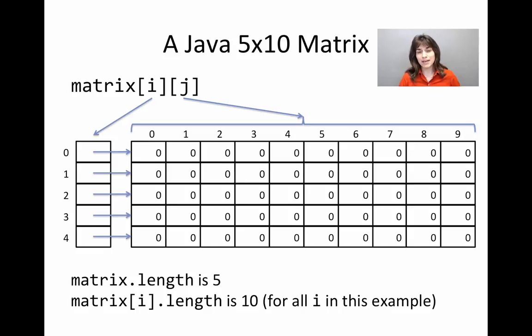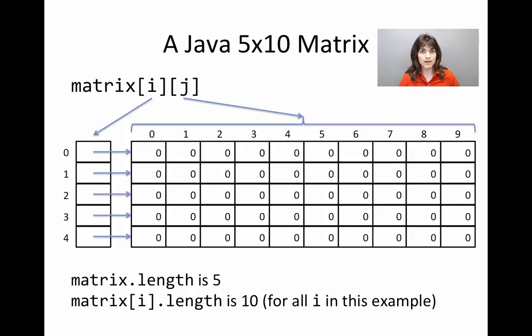The array matrix is a reference to an array of 5 elements. Now, each of those elements is itself a reference to an array of 10 elements. So matrix, we said, is referencing an array of 5 elements.